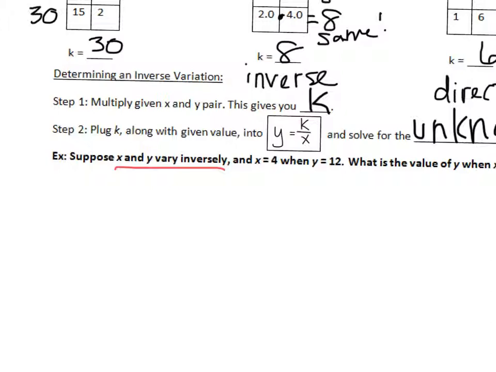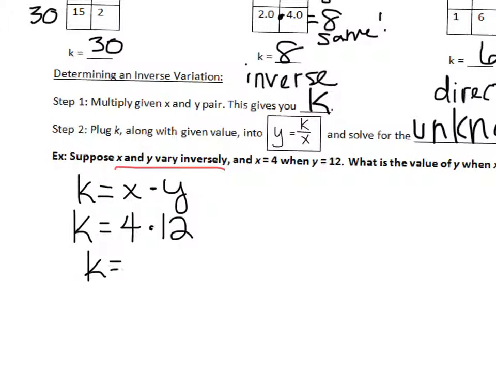So, first thing we have to do is find k. So to find k, we multiply x times y. Well, x is 4, y is 12, so my k value is 48.